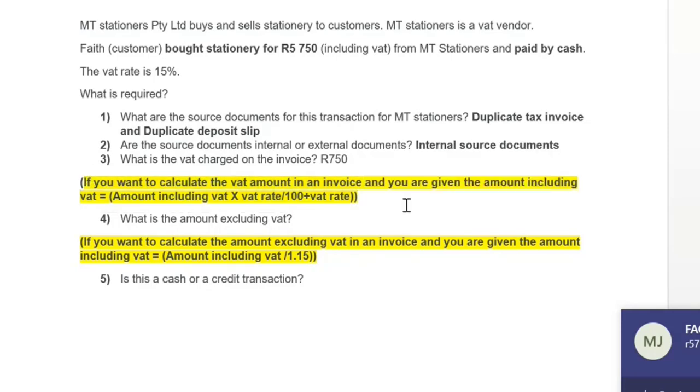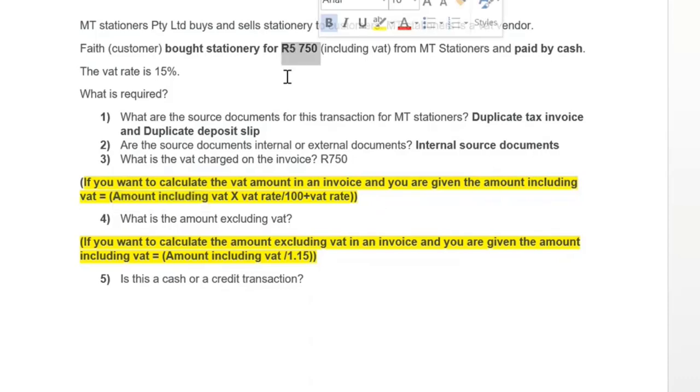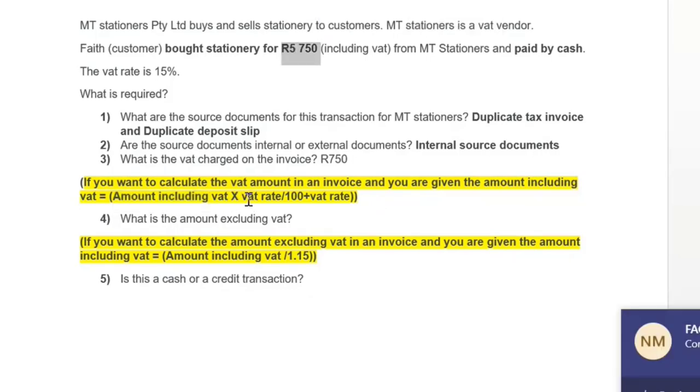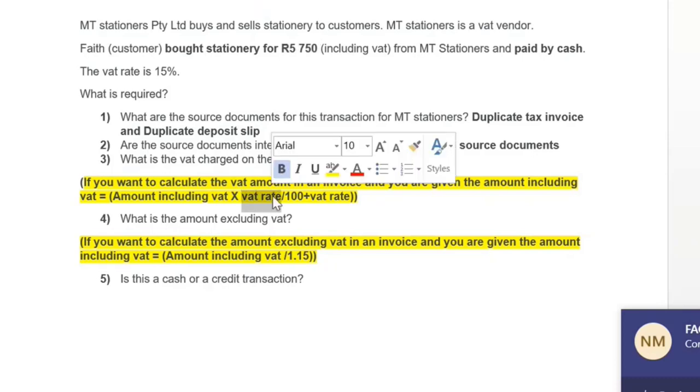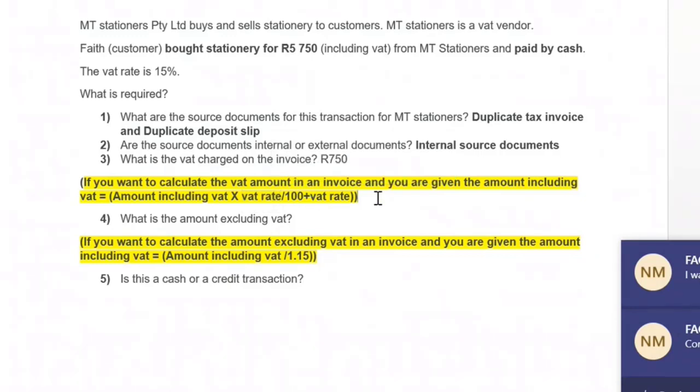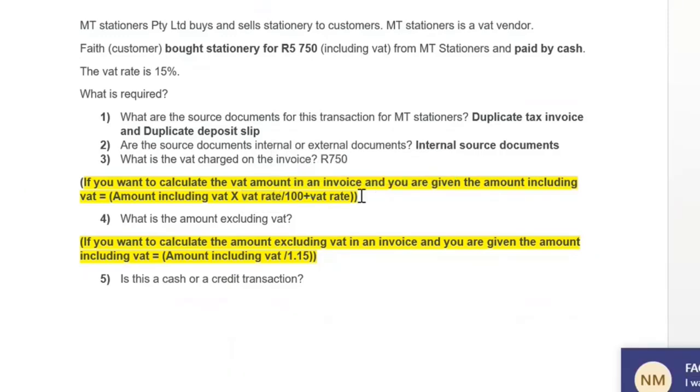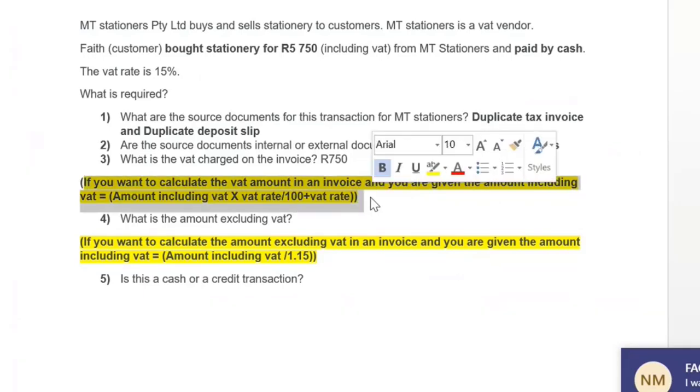If you want to calculate the VAT amount in an invoice and you are given the amount including VAT, you're going to take the amount including VAT, in this case 5,750, and you're going to multiply it by the VAT rate, which is 15%, and you're going to divide it by 100 plus the VAT rate. Are you with me, guys? Please write this down somewhere for you to remember.